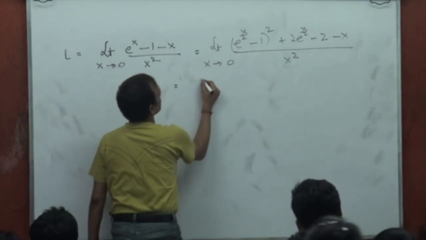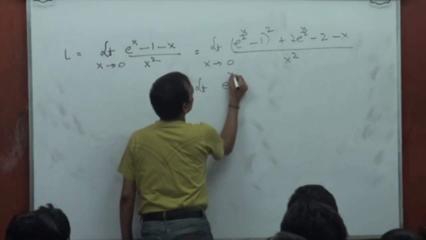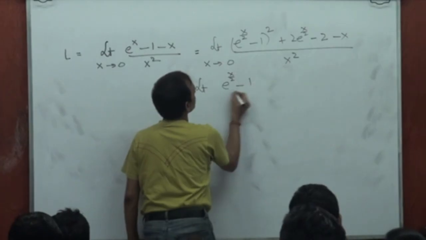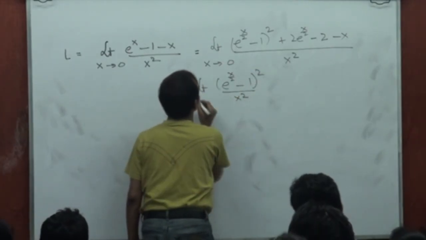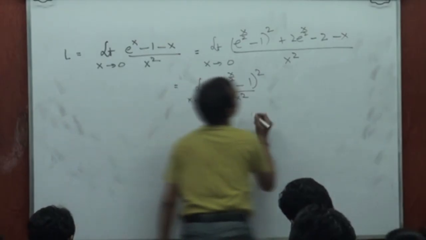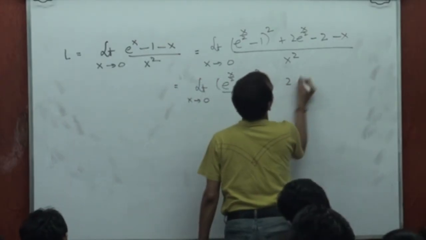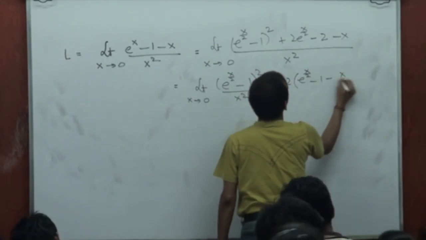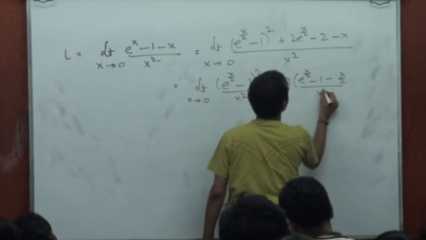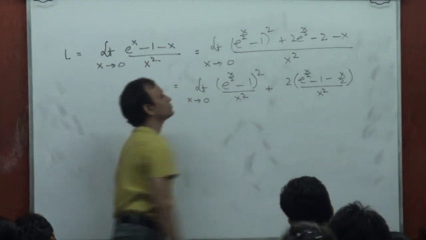This I could write as limit e power x by 2 minus 1 whole square by x square, x tends to 0, plus 2 times e power x by 2 minus 1 minus x by 2 by x square, x tends to 0. Yes or no?